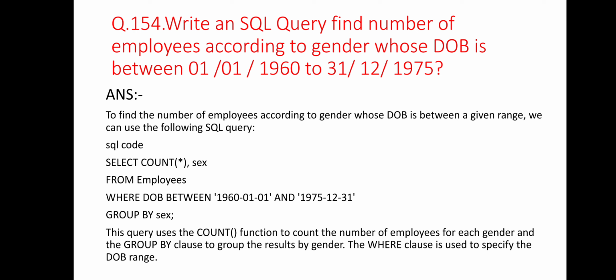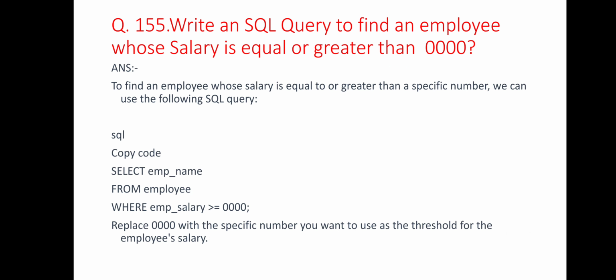SELECT COUNT(*), sex FROM employees WHERE date_of_birth BETWEEN 1960 AND 1975 GROUP BY sex. This query uses the COUNT function to count the number of employees for each gender, and the GROUP BY clause to group the result by gender. The WHERE clause is used to specify the date of birth range.